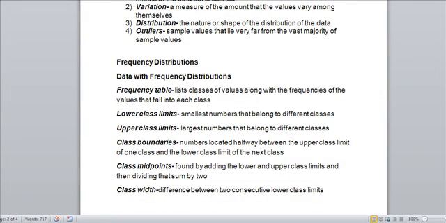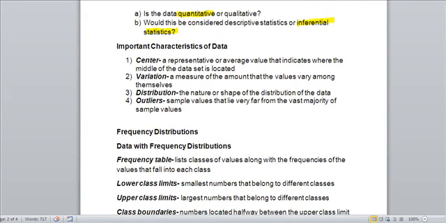Now, there are four important characteristics of data. As we go through this chapter, we'll talk more about these. A center is a representative or an average value that indicates where the middle of the data is located. And we're going to learn there are several types of centers.